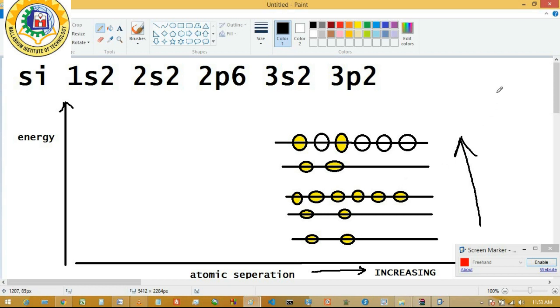Now if we plot the band diagram for an n atom system: in the 1s state, for a single silicon atom, 2 energy states are available and 2 are occupied. For 2s, 2 states are available and 2 are occupied; for 2p, 6 are available and 6 are occupied. For 3s, 2 are available and 2 are occupied. Here also, 6 are available, but only 2 are filled up.